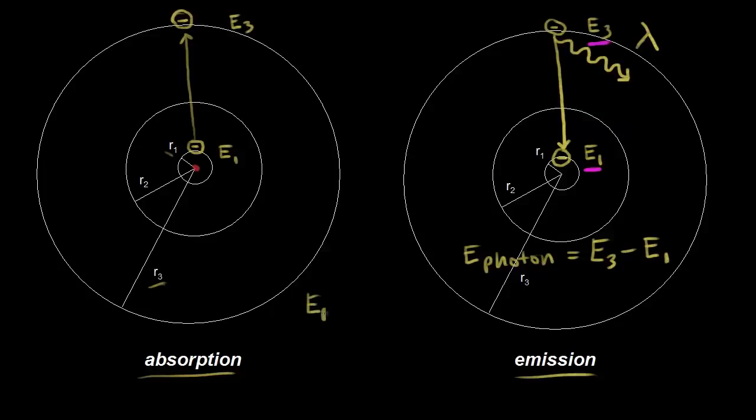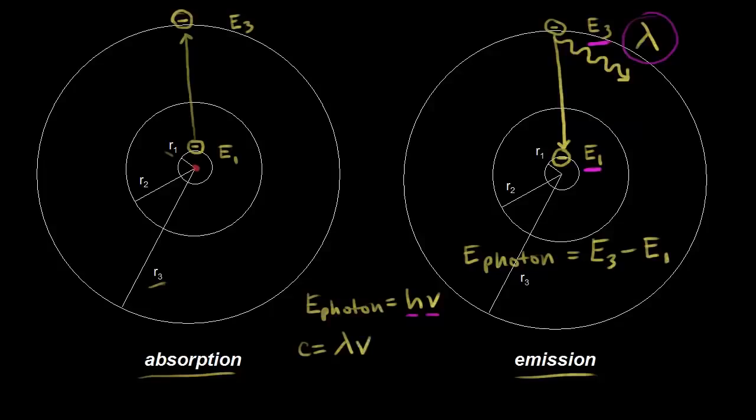So let me go ahead and write that over here. Energy of a photon is equal to h nu. H is Planck's constant. And nu is the frequency. Right, but we want to think about wavelength, so we need to relate the frequency to the wavelength, and the equation that does that is, of course, c is equal to lambda nu.